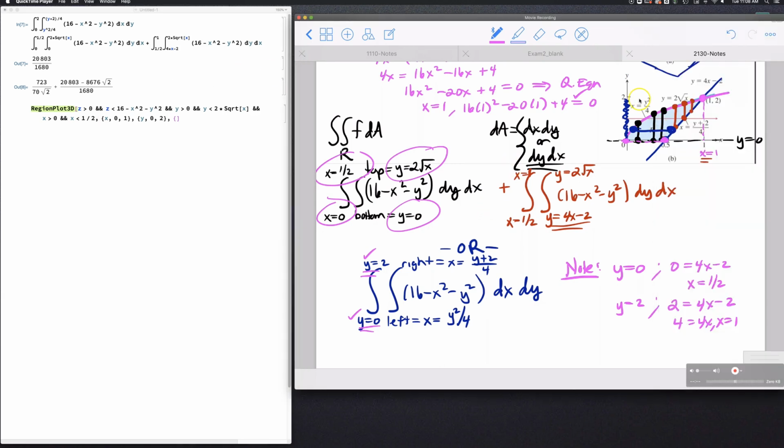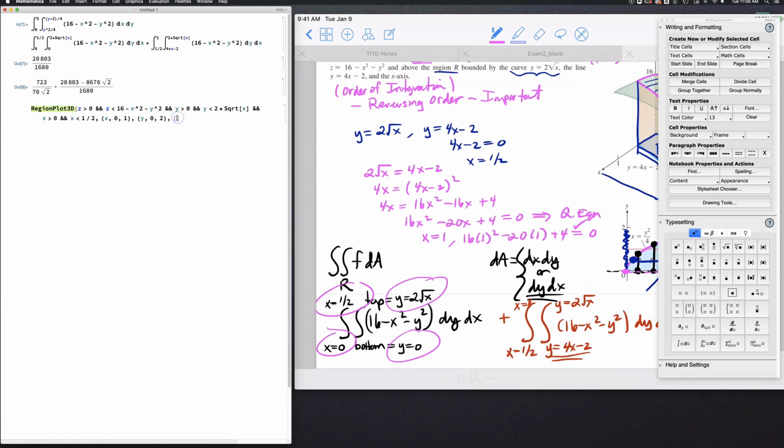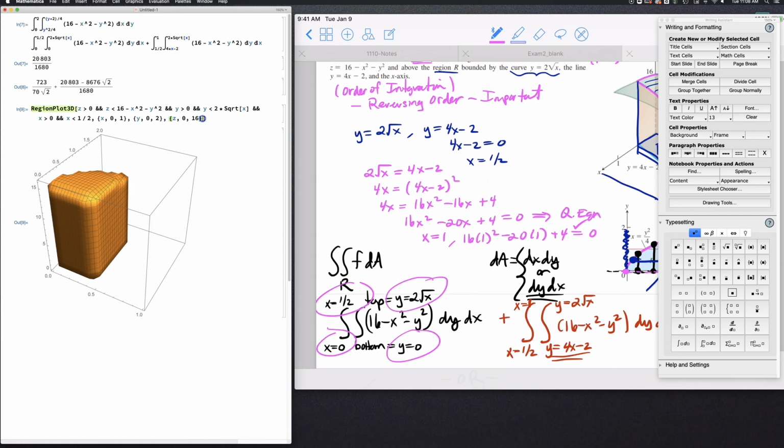Let's see if we can see what our picture was doing. It looks like the z values go up to about 16. So let's go z from 0 up to 16. Now one thing that's interesting here is that we can do more plot points to make this look a little bit better.